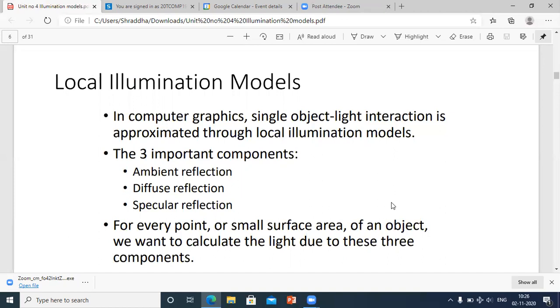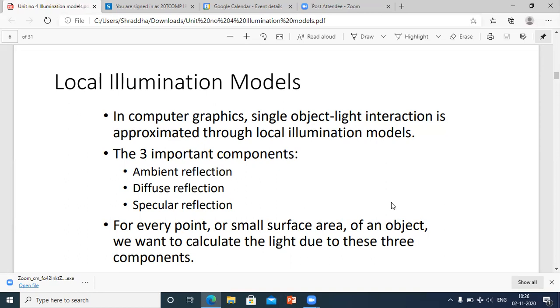There are three important components categorized under local illumination: ambient reflection, diffuse reflection, and specular reflection. These are the three important components of local illumination that we are going to study in detail.